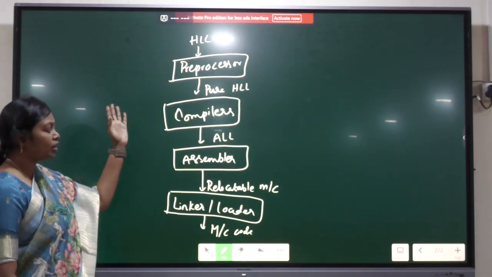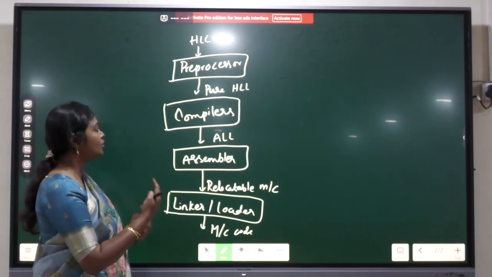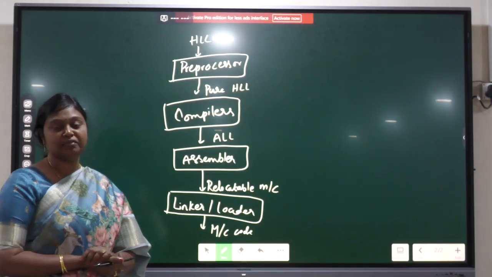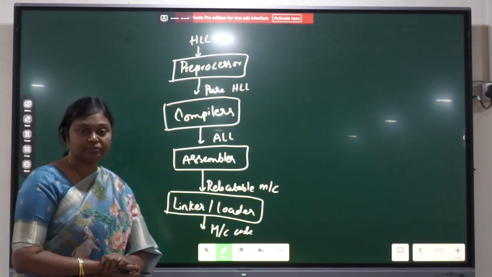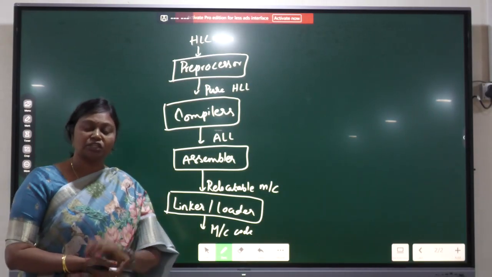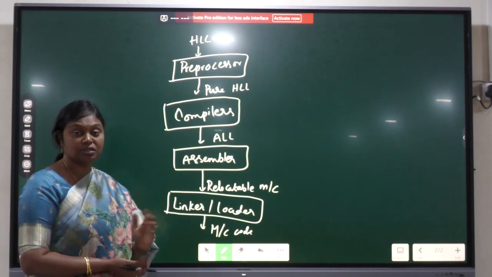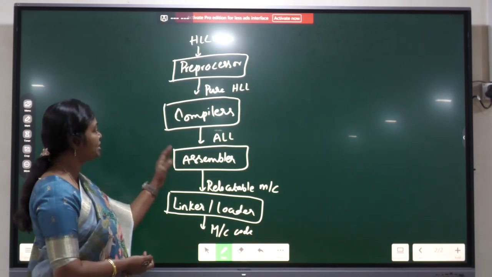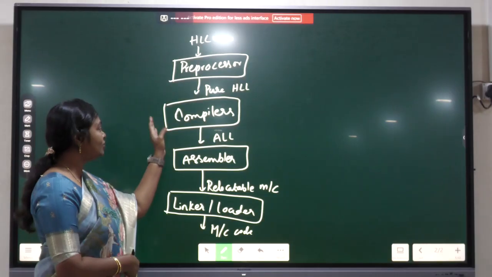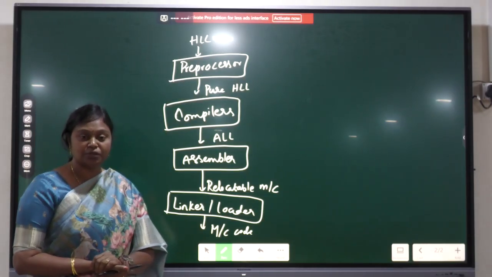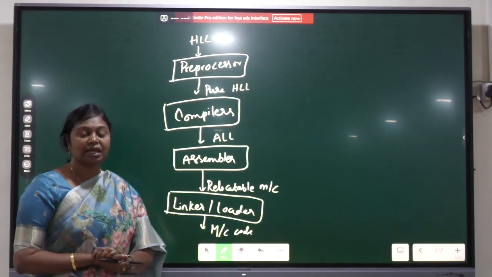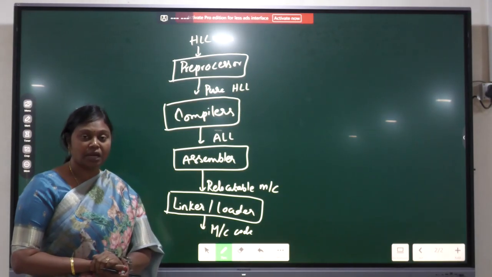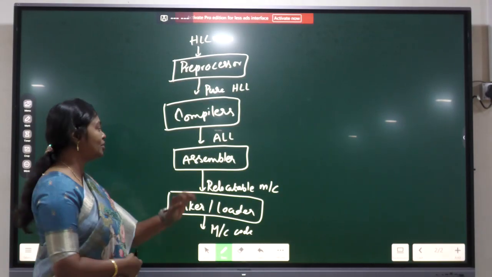So what exactly is happening? First of all, the high level programming language will be given as input to the preprocessor, and the preprocessor will take care of #include, #define, all those kinds of things, and that code will be inserted in the program itself, and that will be given as input to the compilers. The compilers will convert the pure high level programming language into assembly level programming language.